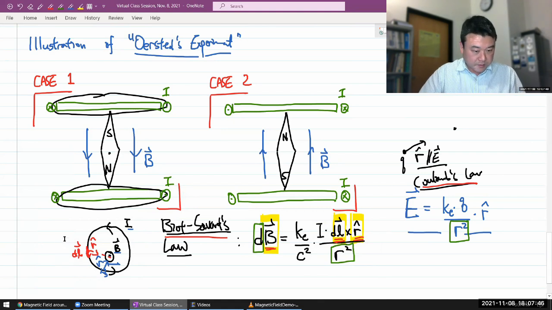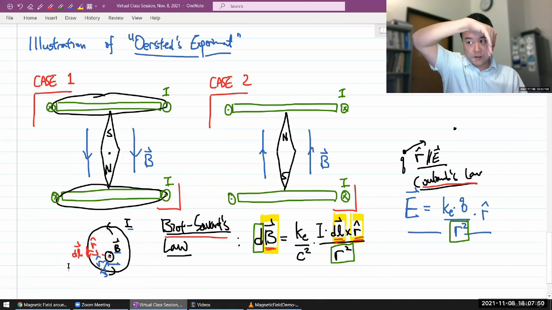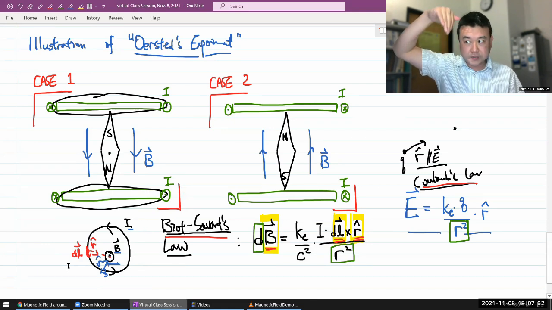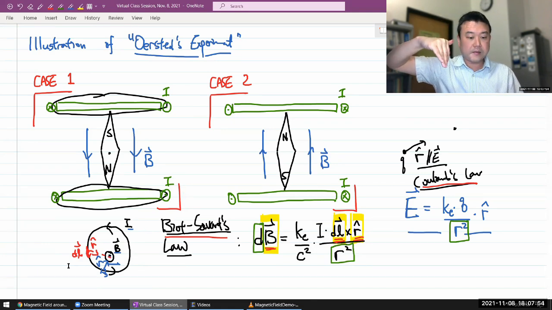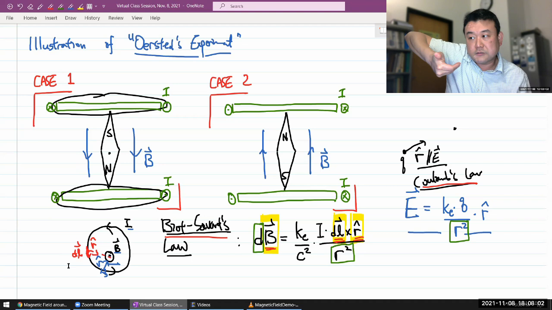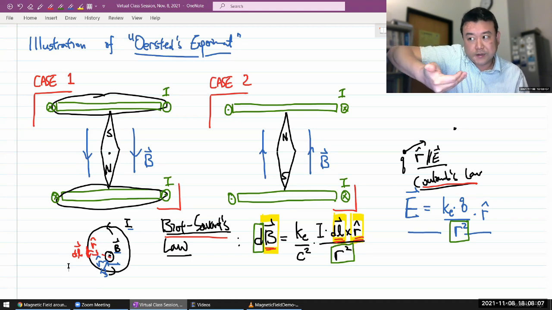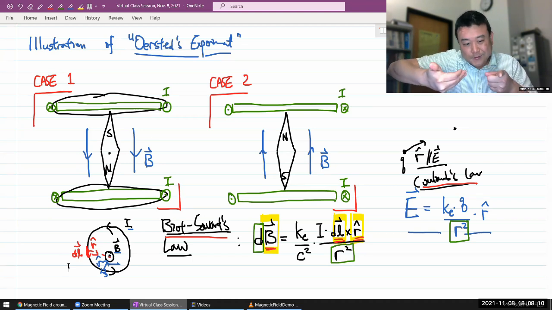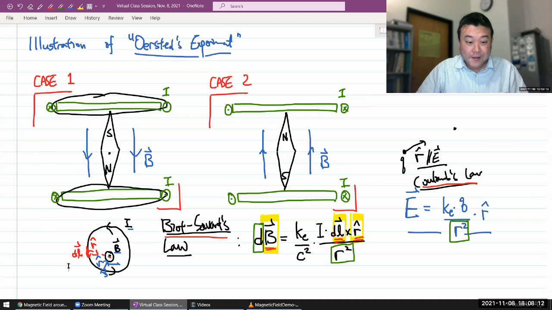So let me just take this point here. So for that point, my dl is pointing downward, and r hat is pointing to the right. So I want to say dl cross r hat is pointing out of the screen. That's your perspective, and that is the correct perspective. And that matches the direction of magnetic field that we see here.